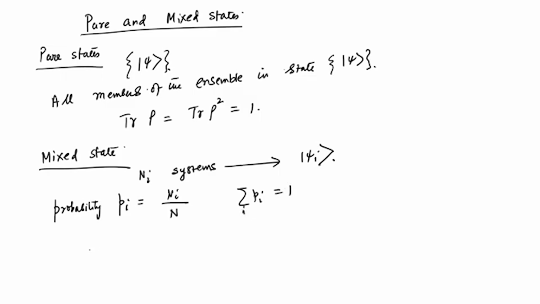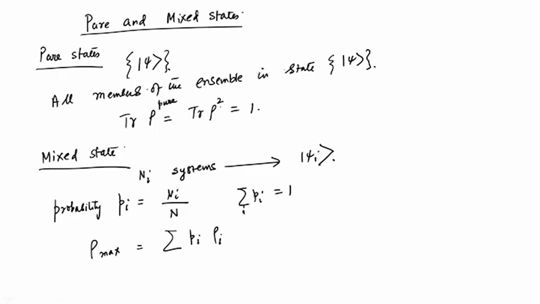So, this is rho pure, and rho mix would simply be equal to a weighted average. So, this is rho i pure. Okay, so let me write this pure here just in case.